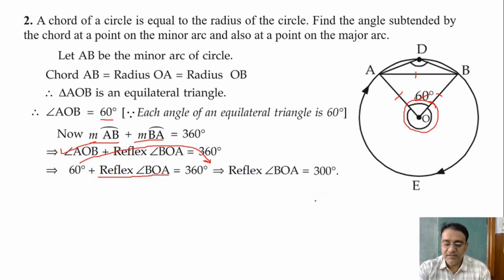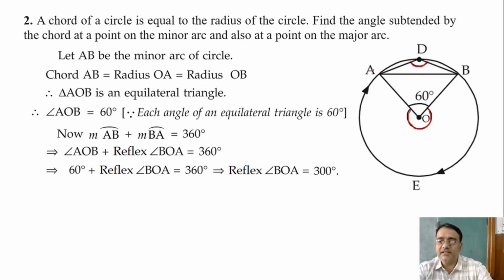Now this reflex angle is double of this angle, angle ADB, or angle BDA. Why is this angle double of this angle? The angle subtended by an arc at the center is double, or twice, the angle subtended by it at any point on the remaining part of the circle.